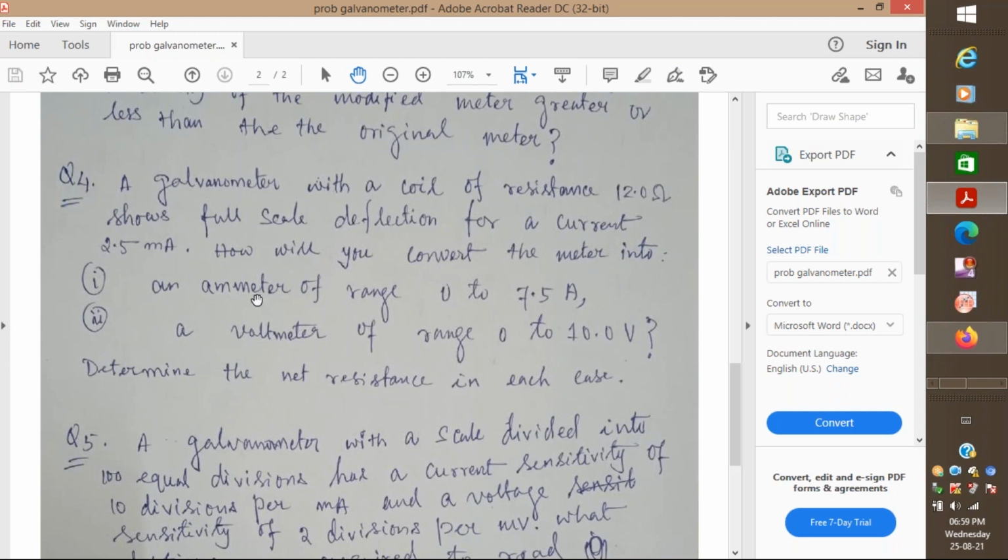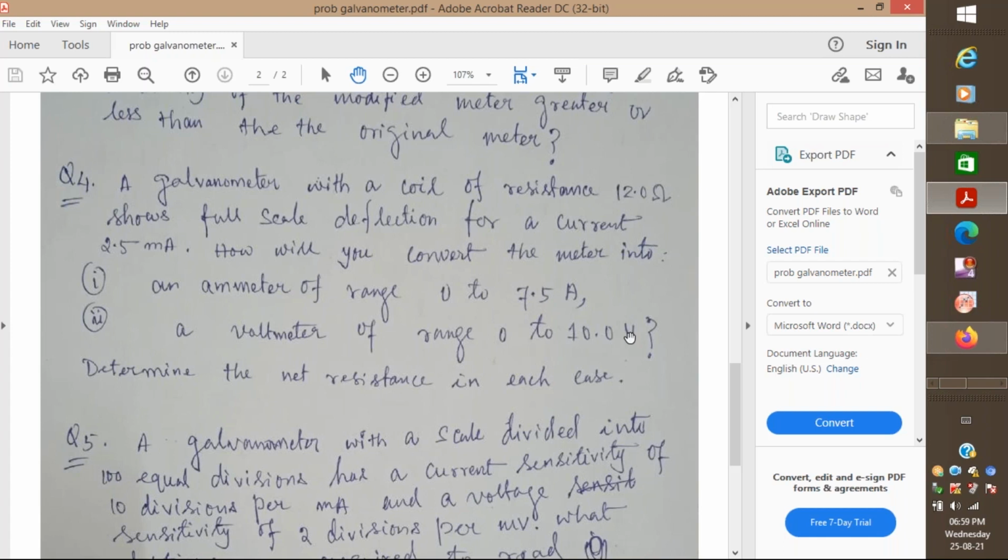How will we convert the galvanometer into an ammeter of this range and a voltmeter of this range? So you have to convert this galvanometer into an ammeter which has a maximum range of 7.5 ampere. You can read from 0 to 7.5 ampere. And the voltmeter can read 10 volts.